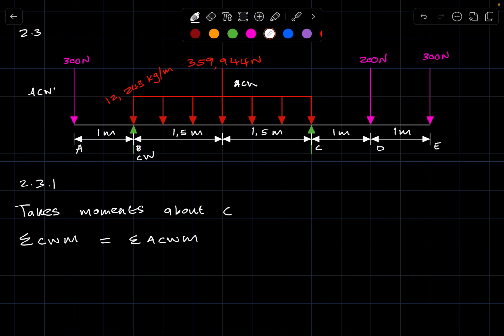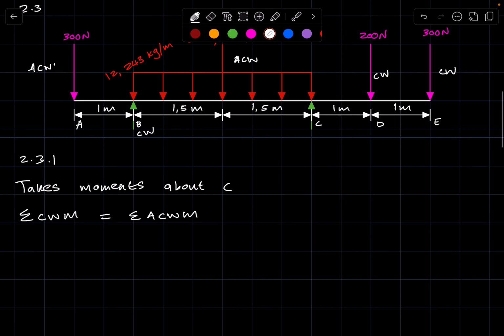Then you look at the 200. It's heading downward, so the turning effect will go like this, which is going with the clock. So this one is clockwise. The 300 newtons on the right hand end of the beam will also have a clockwise turning effect.